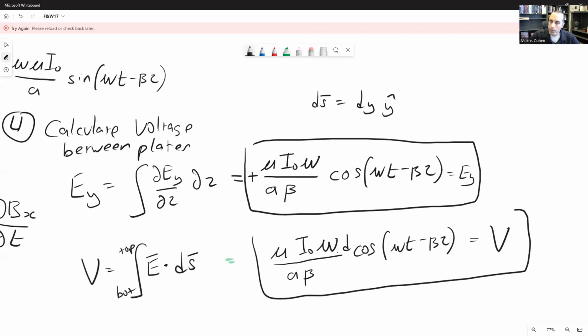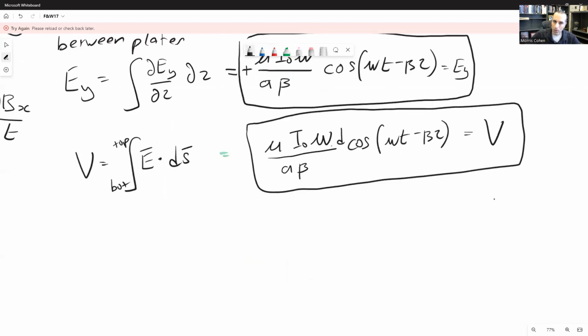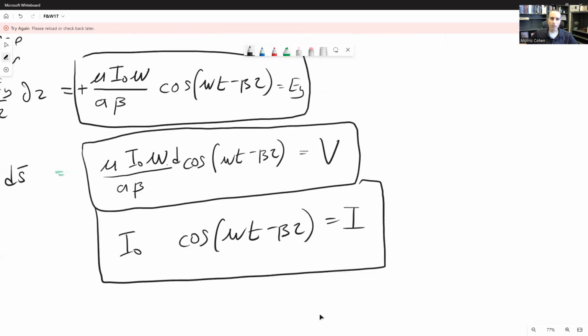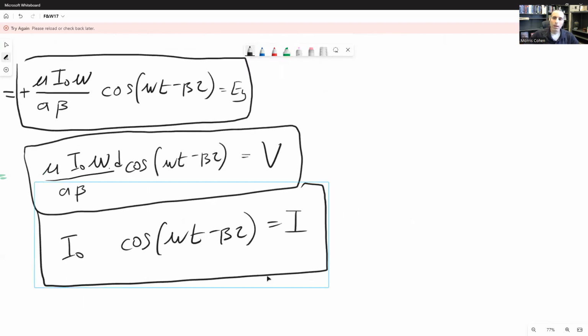And all we needed was Maxwell's equations to help us get from the voltage to the current. But now that we're there, let me remind you of what our definition of the current was. The current was I0 times the cosine of omega t minus beta z. So let's now ask the question, what is the impedance of this transmission line?